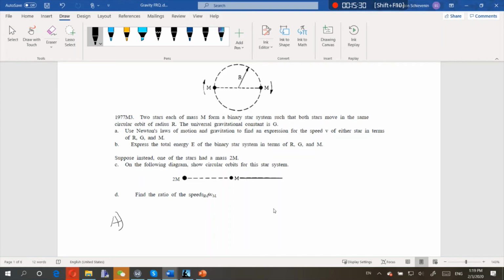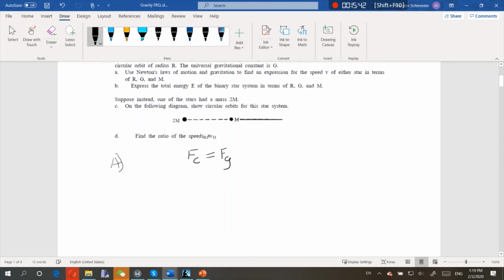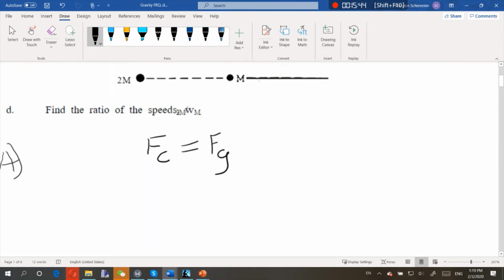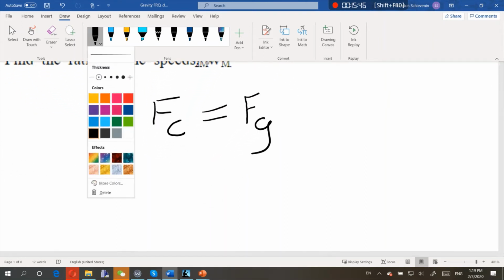Oh, centripetal force is equal to GMm over r squared. Centripetal force is the gravitational force. Yeah. So mv squared over r is equal to GMm over r squared.